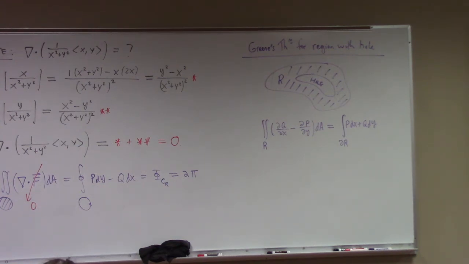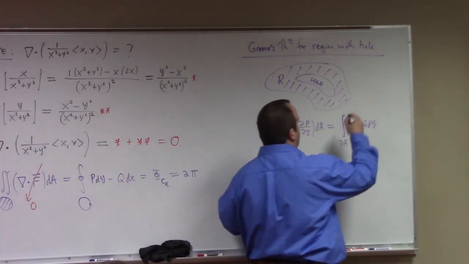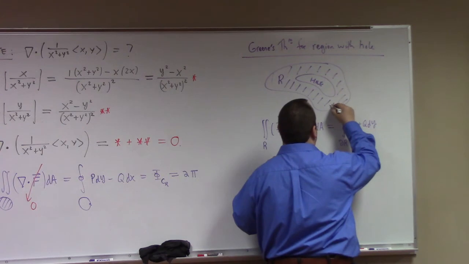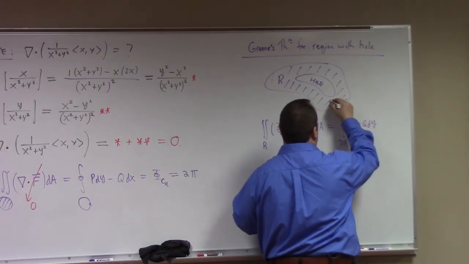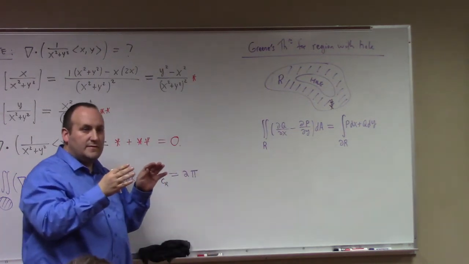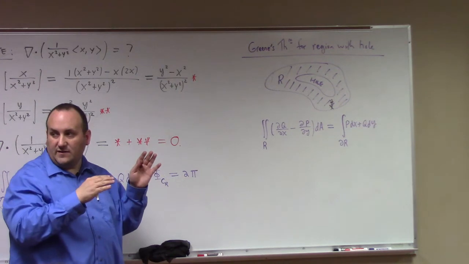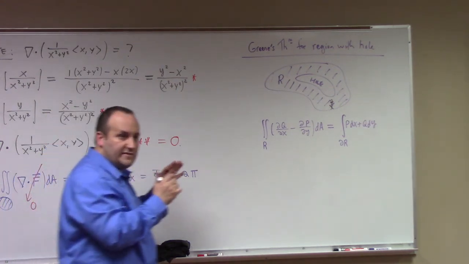There's two pieces to the boundary now. There's the outside piece. So what you have to do is imagine yourself like this little dude walking along the edge. And if he's walking in the correct way, the inside of the region is on his left. So that enforces a counterclockwise orientation to the outer edge.